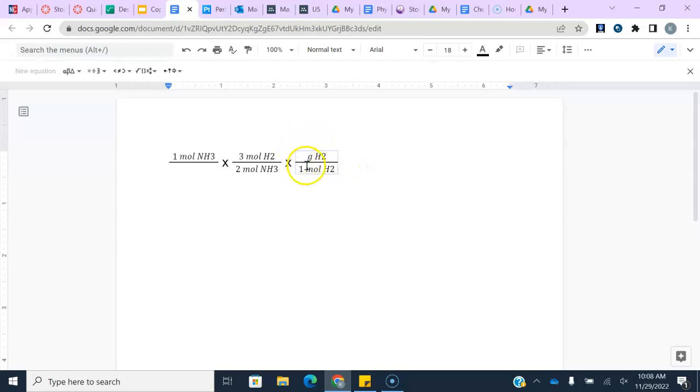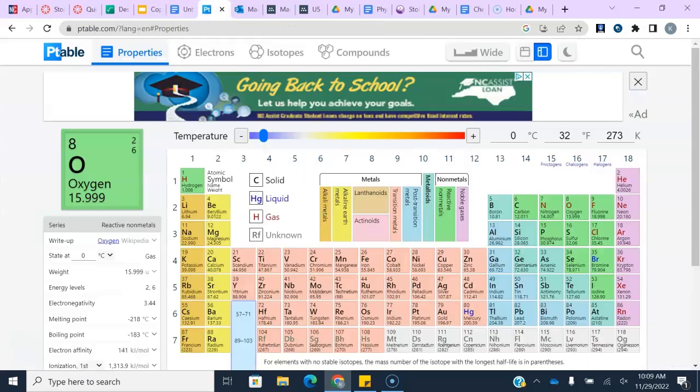Now where do I find my grams of H2? Well, anytime we're using molar mass, if it's not given to you in the problem, we have to calculate it from the periodic table. So let's go to our table, and we have the average atomic mass of hydrogen is 1.008. Okay, so 1.008 is the average atomic mass or the molar mass of 1 atom of hydrogen.